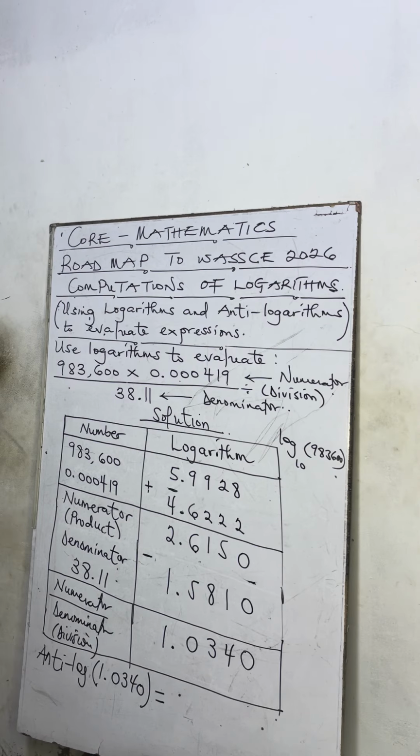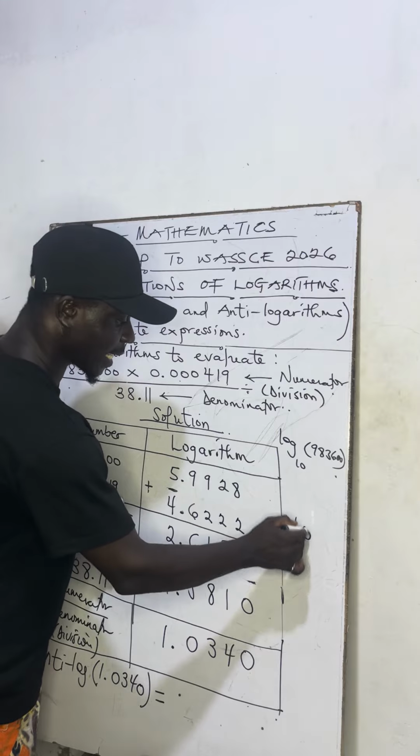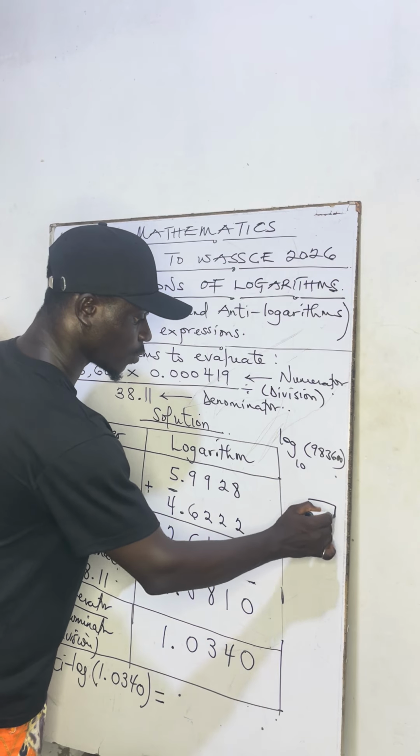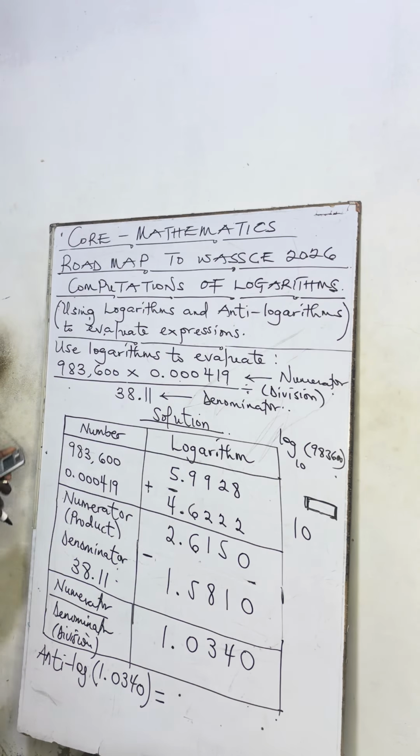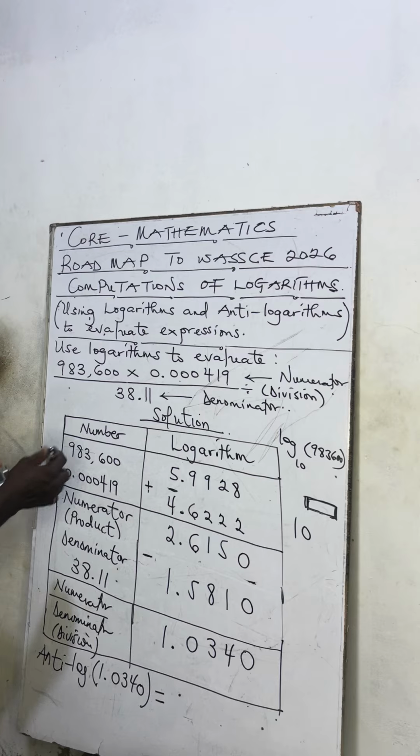So how do we punch antilog? You press shift, then the log. When you press shift and the log, you see 10 exponent box on your screen. Then you insert 1.0340.